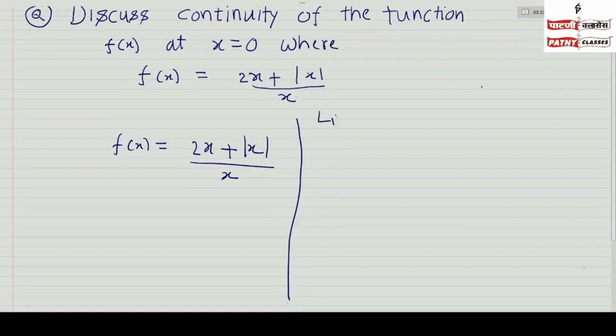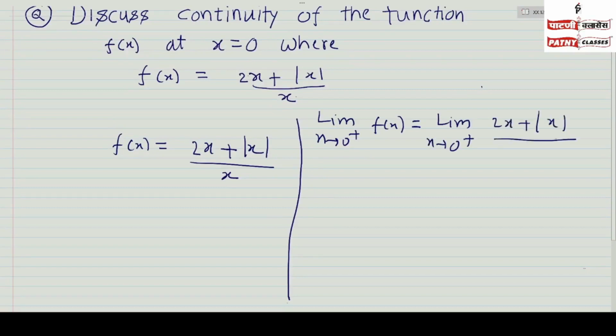Now the limit as x tends to 0 plus of f of x equals the limit of 2x plus modulus x upon x, which equals 2x plus x upon x equals 3x upon x equals 3.